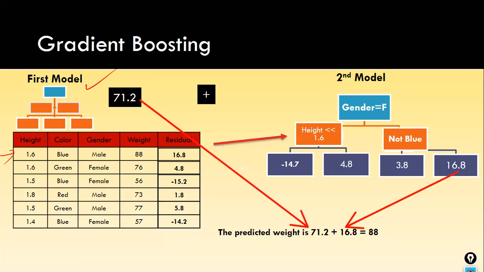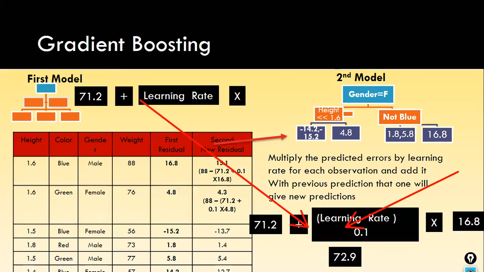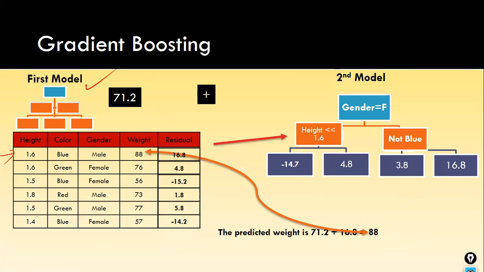To deal with this, it utilizes gradient descent, wherein it uses a parameter called the learning rate, also called the step. Instead of adding the predicted error directly to the previous model's predicted value, we multiply the predicted error by the learning rate.